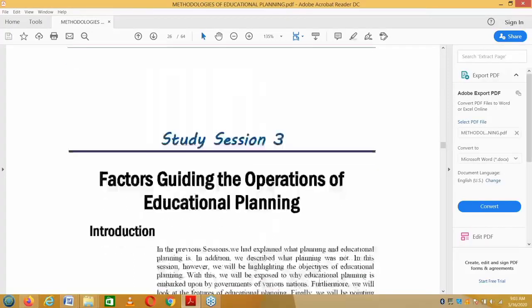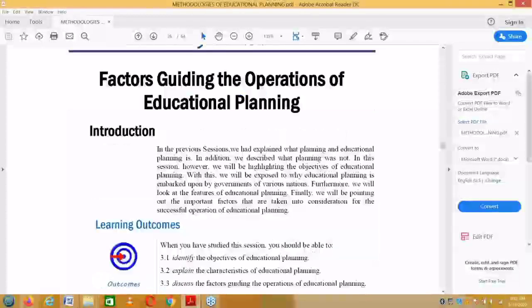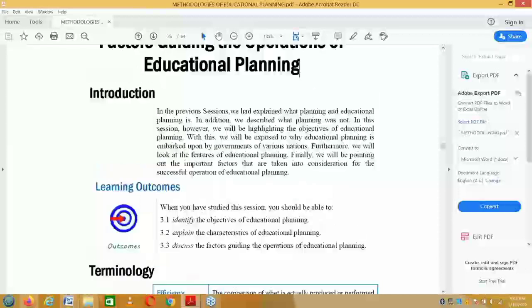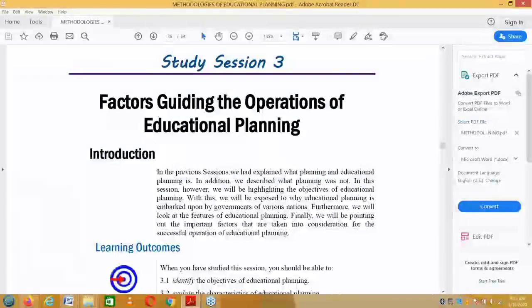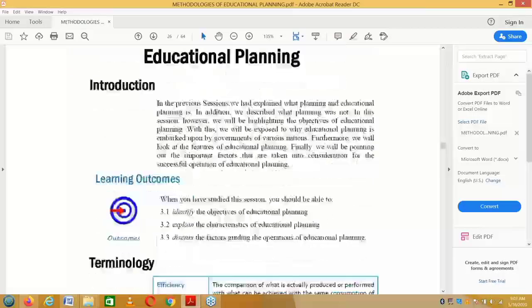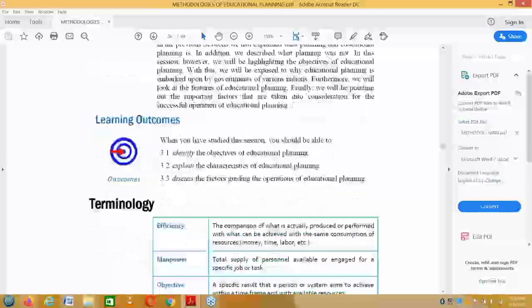We know that educational planning has to do with planning ahead in order to achieve set goals. In every phase of planning, there is always a factor guiding the operations of planning.